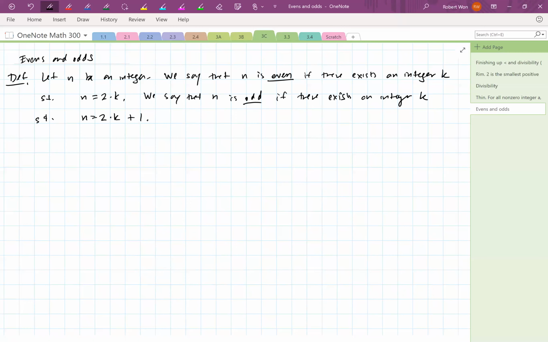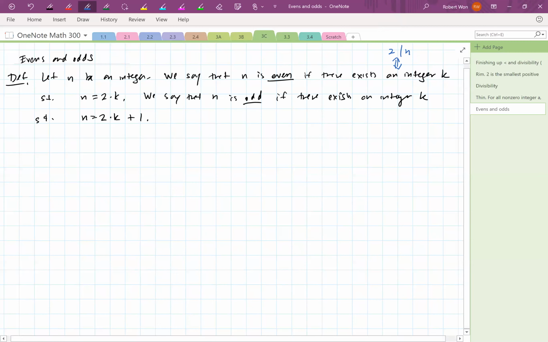Okay, so let me make some comments on this definition. First of all, the definition of even, you could just as well say that n is even if and only if 2 divides n, because the definition of 2 dividing n is exactly there exists an integer k such that n is equal to 2 times k. So you could say, we'll say that n is even if 2 divides n.